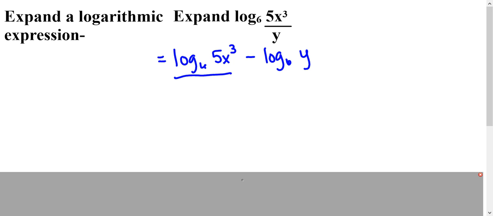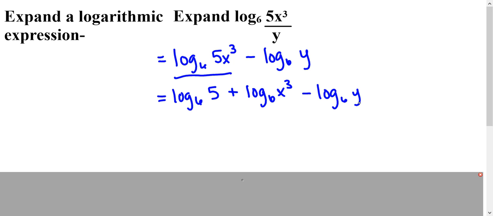And do you remember how we separate multiplication? It's multiply and add. So we're going to separate those by addition. So it's going to be log base 6 of 5 plus log base 6 of x cubed, and then we still have minus log base 6 of y.